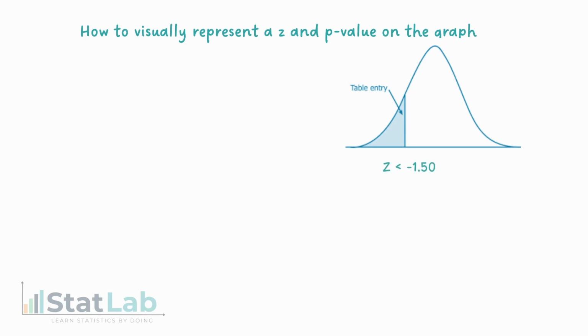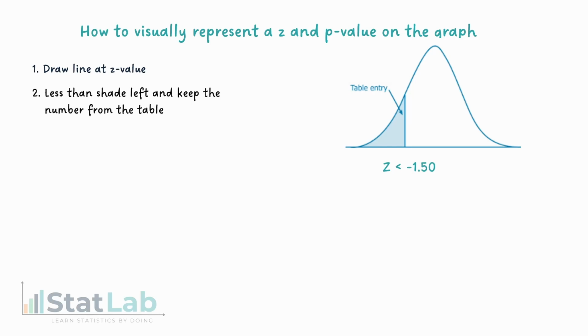So how can we represent this visually so we can see what's happening? Well, I'm going to bring up the graph again. If you were given z less than negative 1.50, you would draw the line at z equals negative 1.50, and if it was a less than, you would shade left, and you would keep the number from the table as your answer. In this case, we do have z less than, so we shade left, and we would keep the value, which we'll look up in a minute.